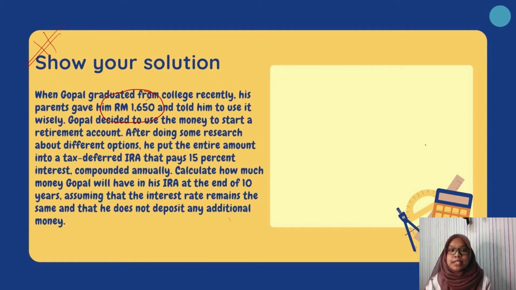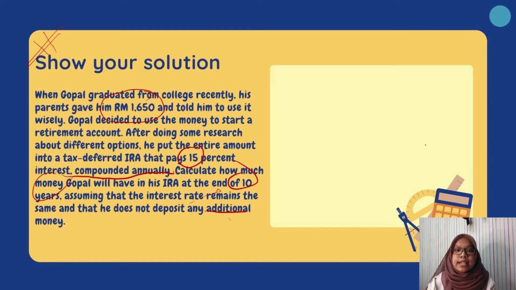After doing some research about different options, he put the entire amount into a tax-deferred IRA that pays 15% interest, compounded annually. Calculate how much money Gopal will have in his IRA at the end of 10 years, assuming that the interest rate remains the same and that he does not deposit any additional money.